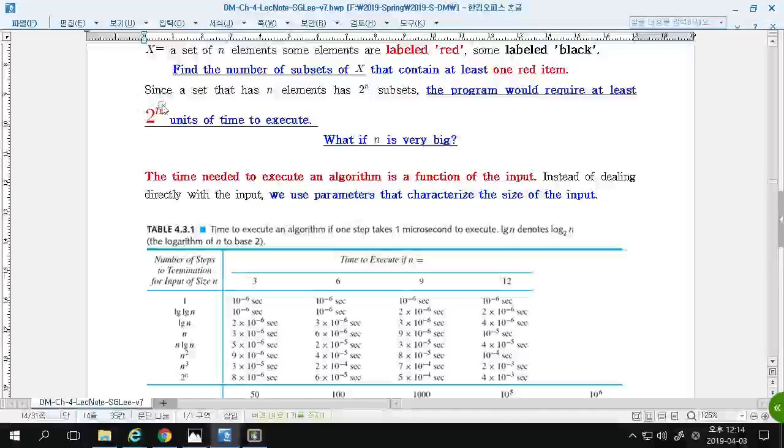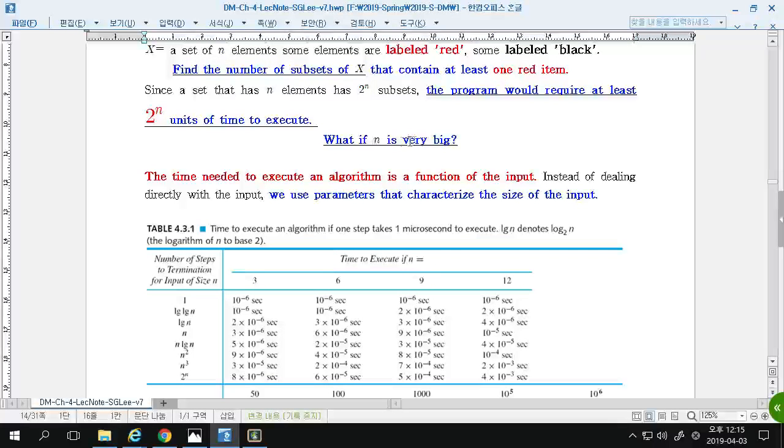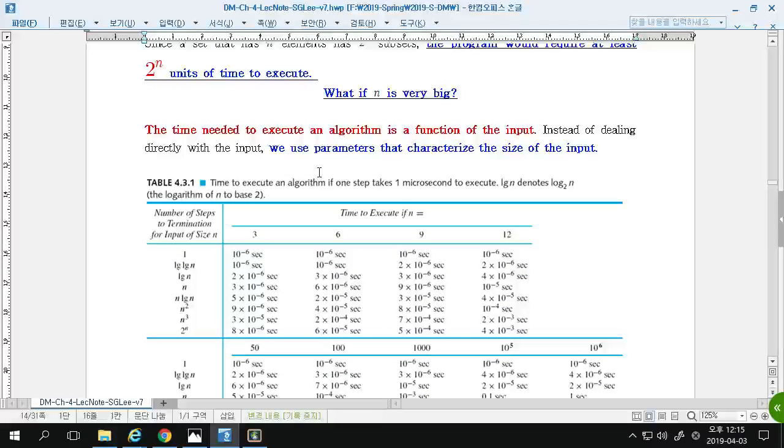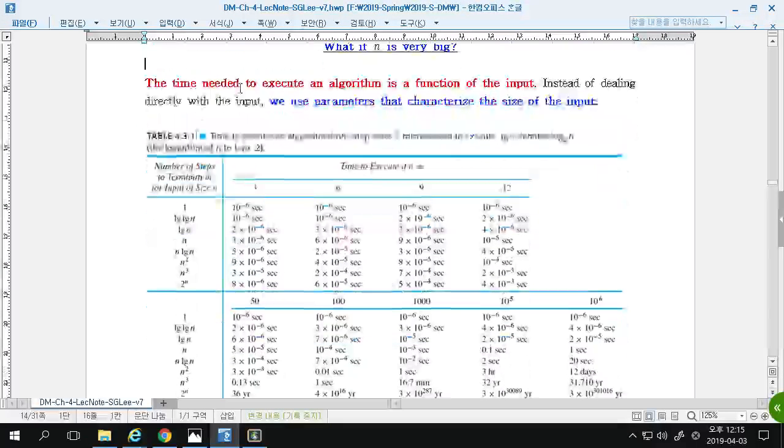Let's consider how big this number is when n gets big. What if n is very big, then how does this number 2 to the n move? The time needed to execute an algorithm is a function of the input. We use parameters that characterize the size of the input.